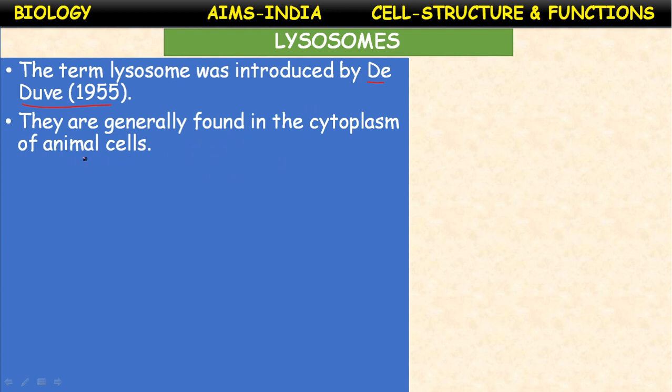They are generally found in the cytoplasm of animal cells only. Lysosomes exhibit polymorphism. Polymorphism means different forms. Poly means many, morphism means structures. They are present in many different forms in animal cells.